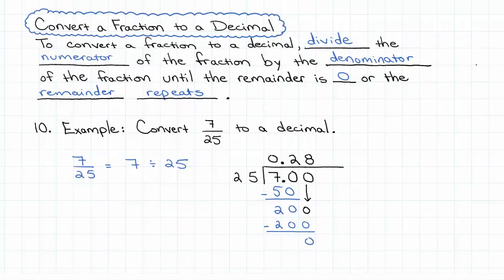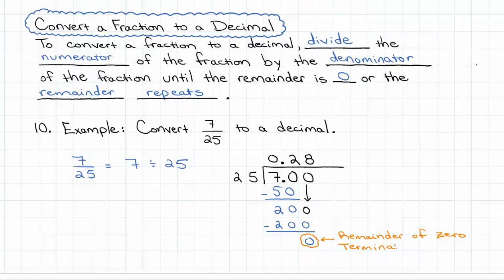Because I now have a remainder of 0 here, I know that this is a terminating decimal, that this decimal ends. So when you have a remainder of 0, you will end up with a terminating decimal.